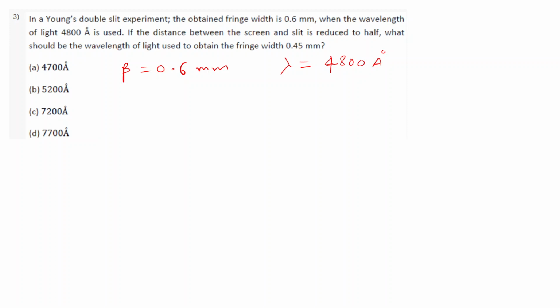Okay, so there are two different situations here. Let's first consider case 1, where the fringe width is 0.6 mm and the wavelength of light we are using is 4800 angstrom. For case 2, the given things are that lambda is the same, we are using the same source.